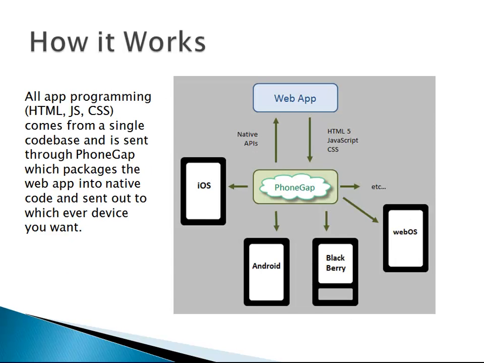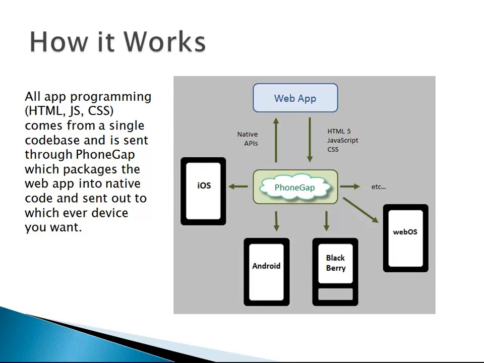Alright, so let's take a look at how PhoneGap actually works. So we have our web app, which is built with HTML, JavaScript, CSS, and that goes into the PhoneGap framework, which will then add the native code for each device and spit out the application on iOS, Android, BlackBerry, whatever. And there's a few different ways to build PhoneGap apps.